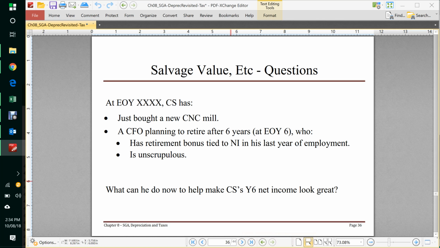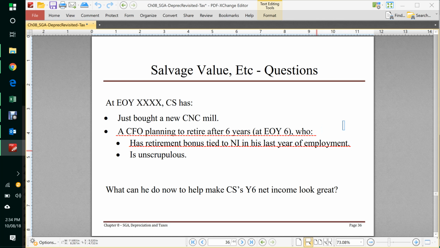So very quickly, let's say that in some year, Container Space just bought a new mill and they have a CFO who's going to retire after 6 years. So end of year 6, that's the year they'd be selling the mill in. And let's say his retirement bonus is tied to the net income of the firm in his last year of employment.